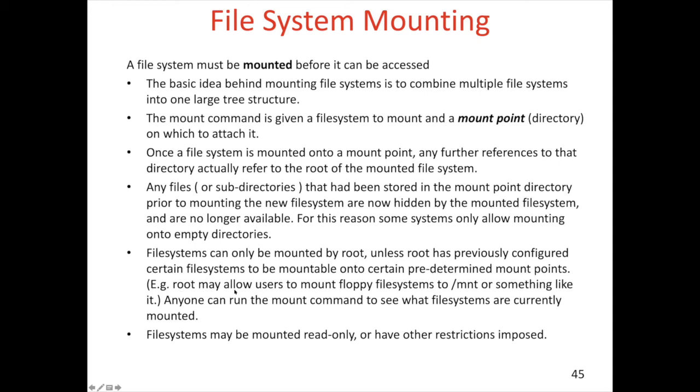For example, root may allow users to mount floppy file systems to directory mnt or something like it. Anyone can run the mount command to see what file systems are currently mounted. File systems may be mounted read-only or have other restrictions imposed.